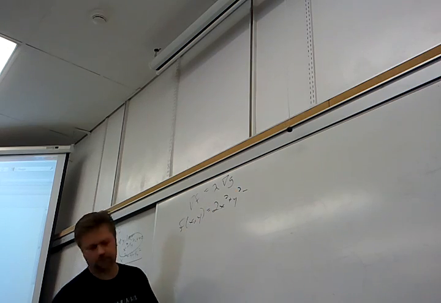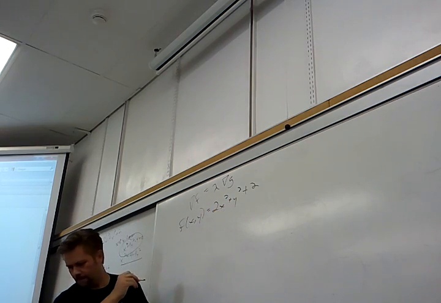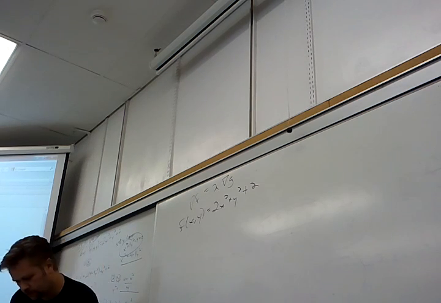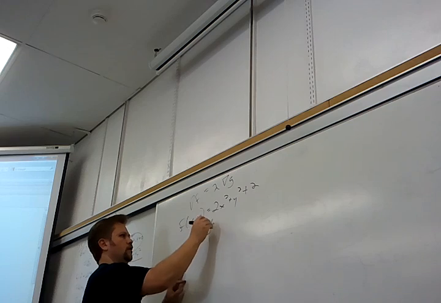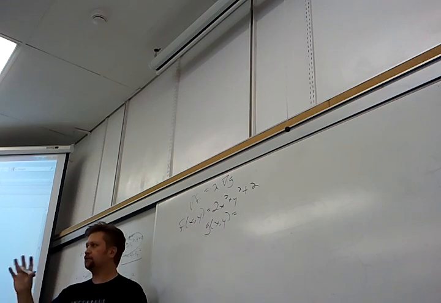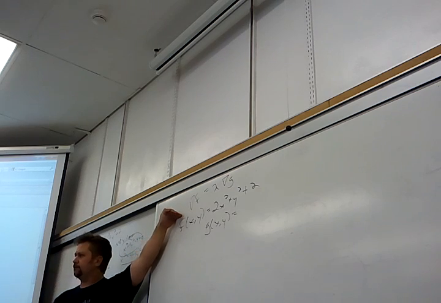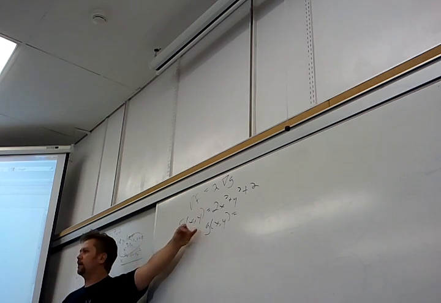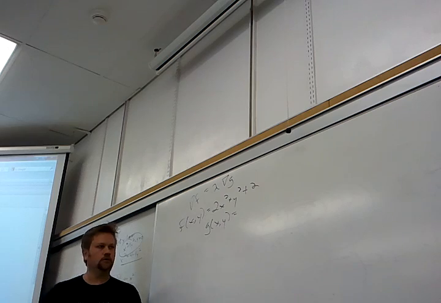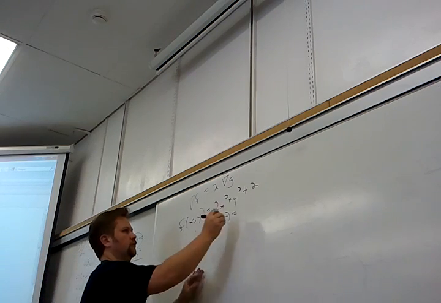Was it minus or plus 2? And now g of x, y is going to be my constraint. So f is the function I'm trying to maximize or minimize. g is going to be my constraint function. So it's going to be x squared plus 4y squared minus 4.